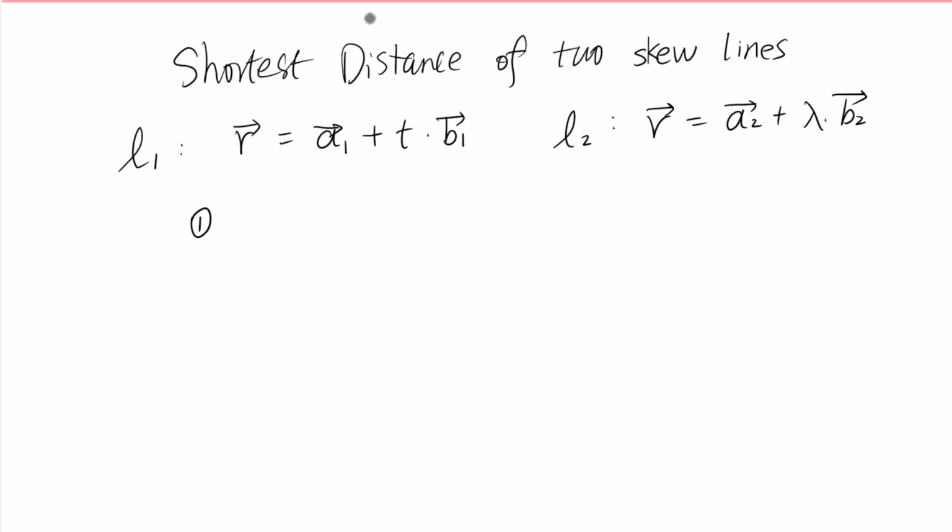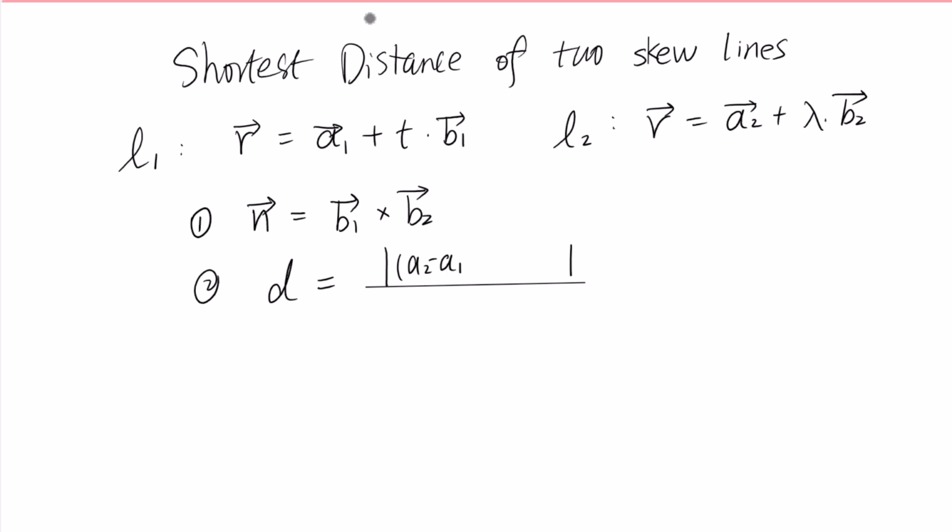First step, we need to figure out the normal vector equals vector B1 cross vector B2. Second step, the shortest distance equals absolute value of A2 minus A1 dot normal vector n, all over absolute value of normal vector n.